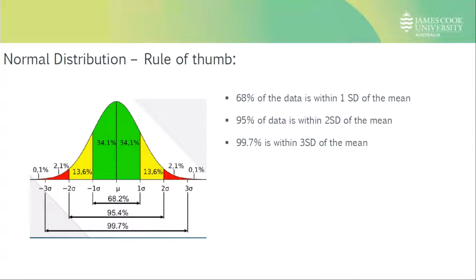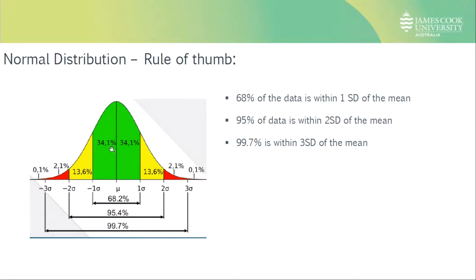So we have to remember, as I said on the previous page, that if the middle position is the zero position, or the mean position, then 68% of your data lies within this range, which is one standard deviation.